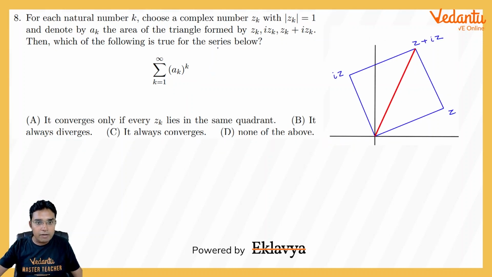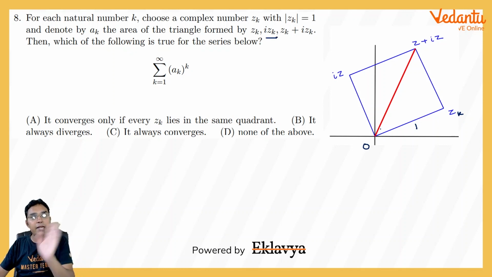To find that, I will make this diagram. We are given this zk has mod equal to 1. From the origin the distance will be 1. i zk will be just the rotation of zk by 90 degrees, because i has argument equal to 90 degrees. So this length will also be 1 only.